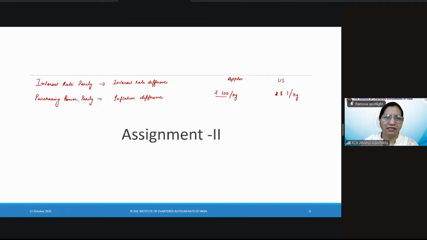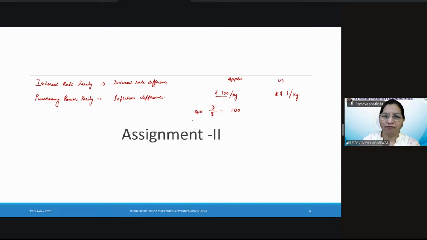So as far as purchasing power parity says, the exchange rate between India and US should be this: 100 rupee should be equal to $1. So the rupee dollar exchange rate in the spot market should be, let's say, 100. I have taken this example for simplicity.